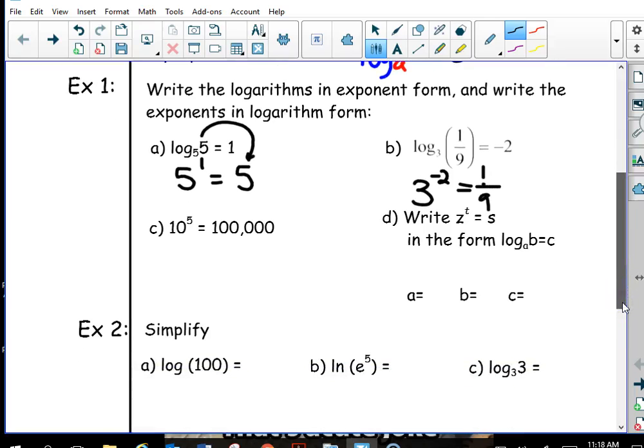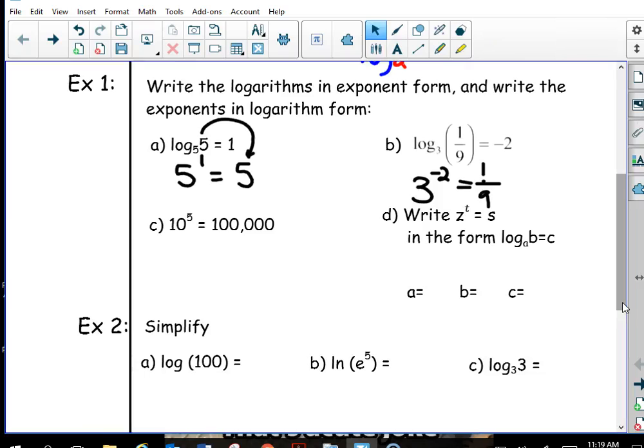Now, one thing you can do to write it in logarithmic form is to solve the equation. So if I'm going to solve C, if I want to rewrite it, one of the things I can do is apply a log base 10 to both sides, because the base of my exponent is 10.